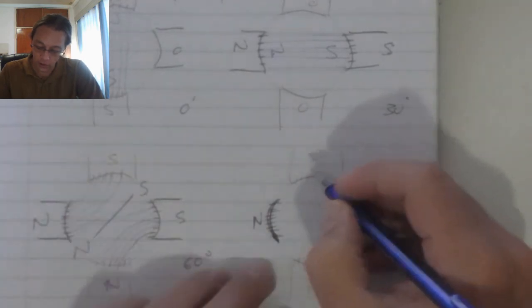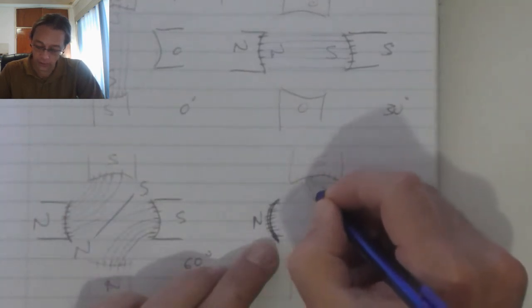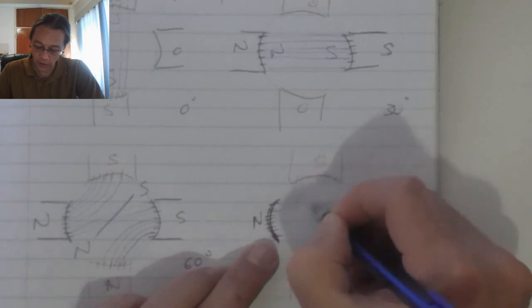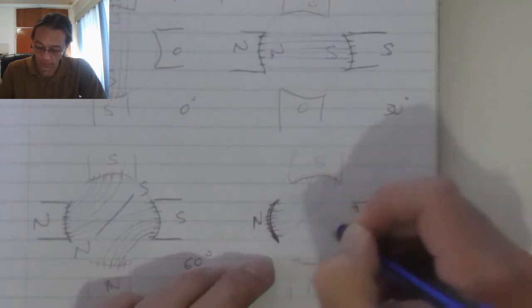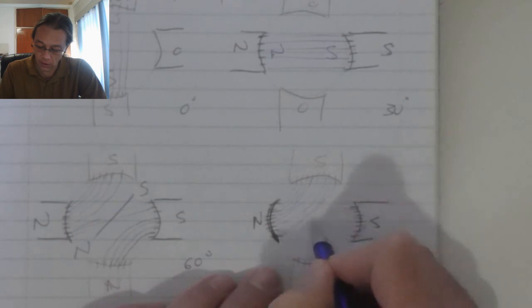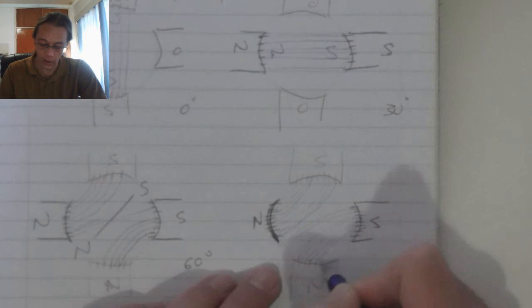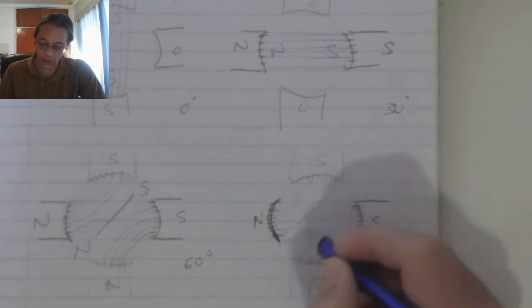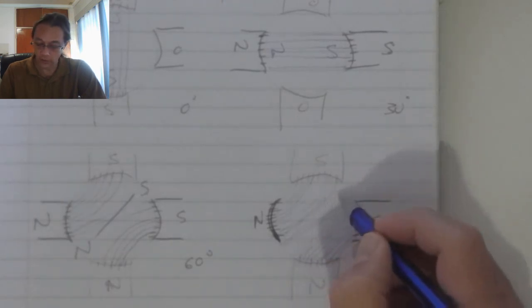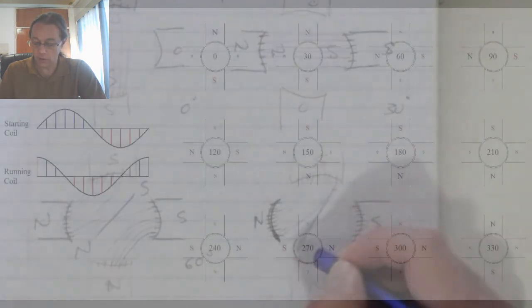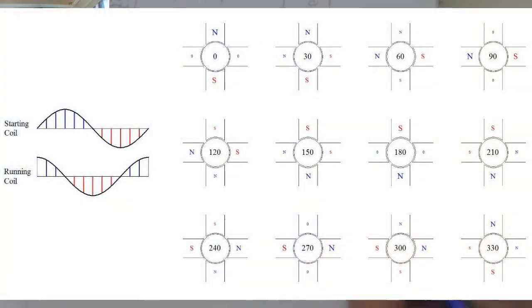And when we look at this configuration, we can see that this field of flux has now moved more in its direction, and as a result we can see that there is a constantly rotating magnetic field.